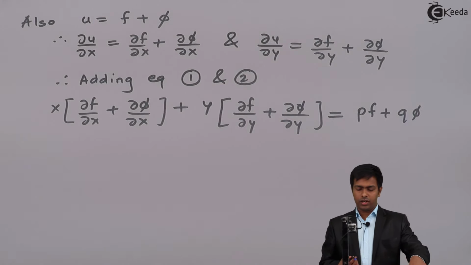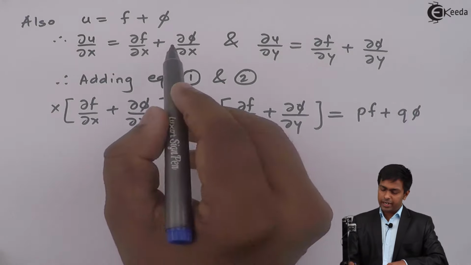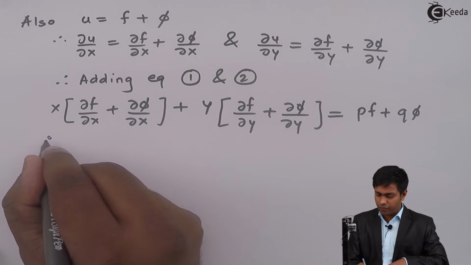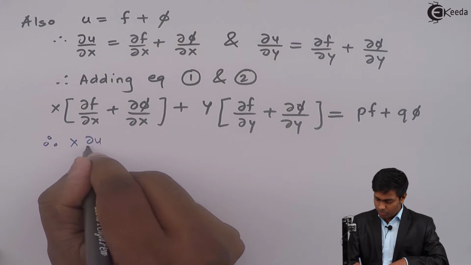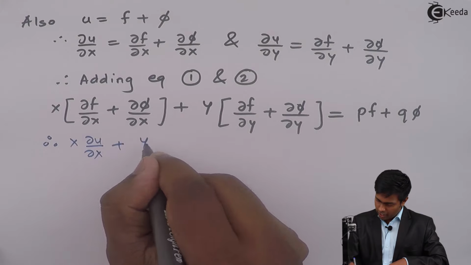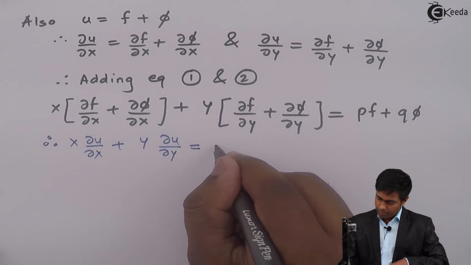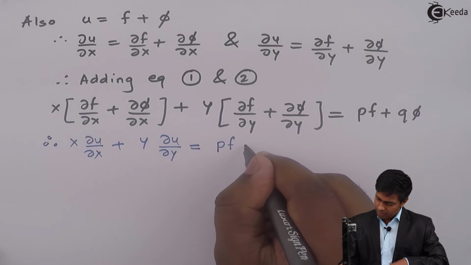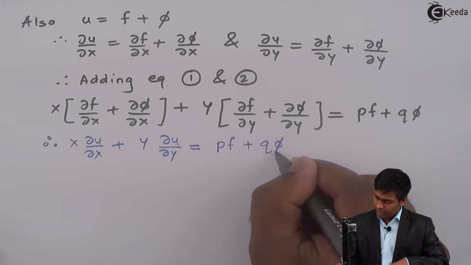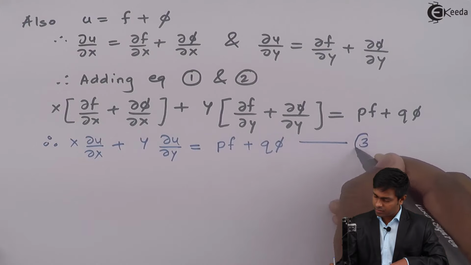Now if you observe, the value of this bracket is dou u by dou x, so we will get x dou u by dou x plus y dou u by dou y is equal to p f plus q phi, and I'll say this as equation number 3.